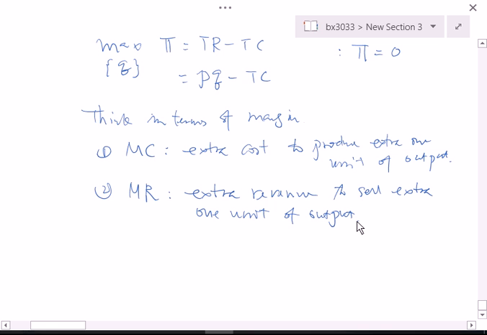Note that in the perfectly competitive market, I'm small relative to the market, so I can sell as many as I want at the market price. So if I want to sell another unit output, then the actual revenue I get is just the market price. So in the perfectly competitive market, marginal revenue is equal to the market price. Okay.